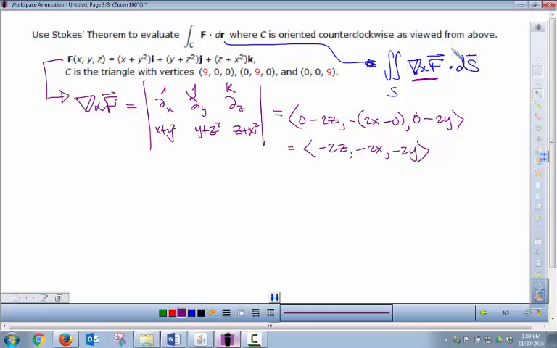Now S, what is S? Let's move to the geometry of this thing here. I have vertices at 9, 0, 0, 0, 9, 0.